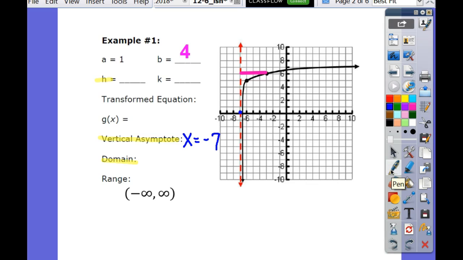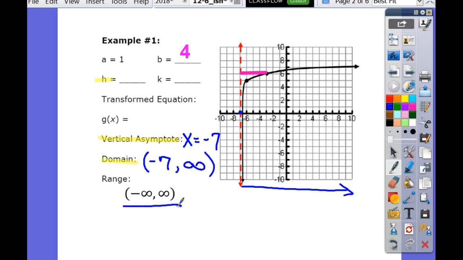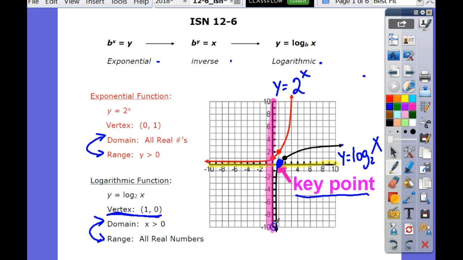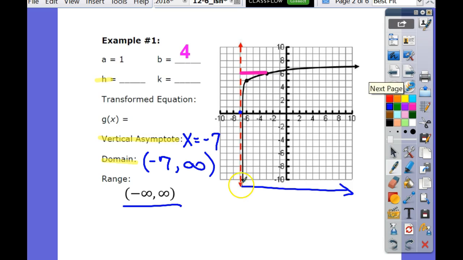If that's the asymptote, the domain is from -7 to positive infinity, and the range is going to be the same on all of them. The parent graph had an asymptote at the axis. This one has an asymptote at -7, so it moved to -7.